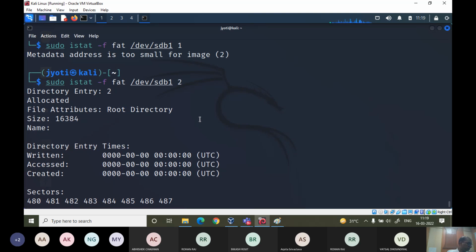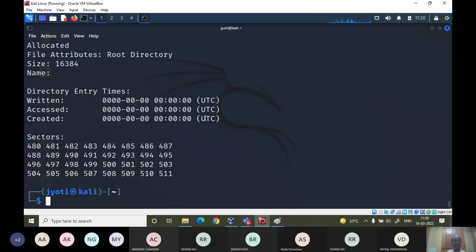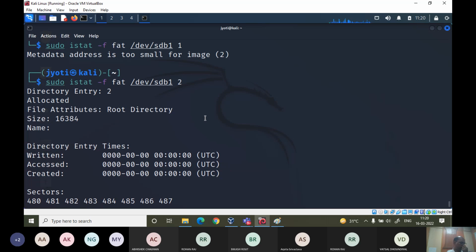So this is one directory structure. Here, name, let me just. So it should give the name. Why is it not showing the name?